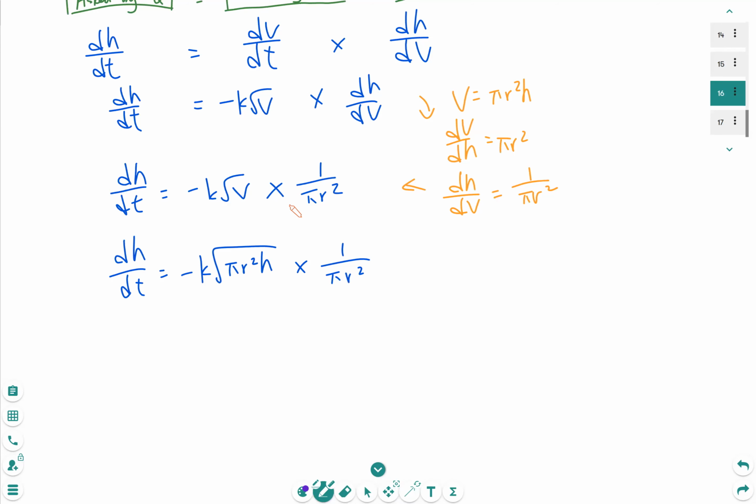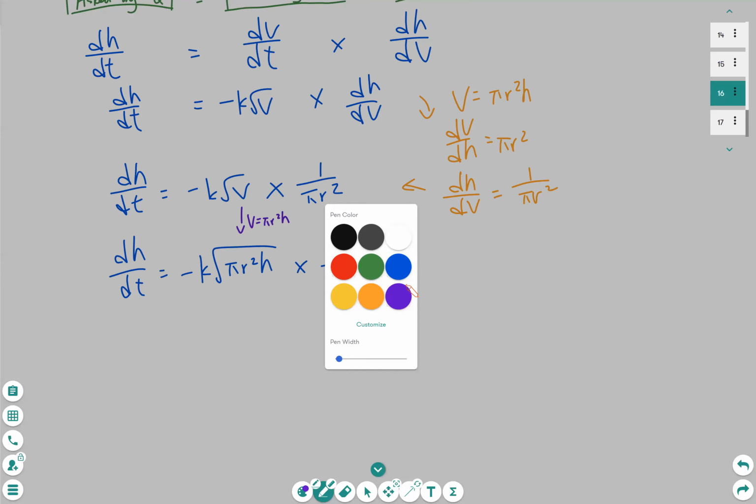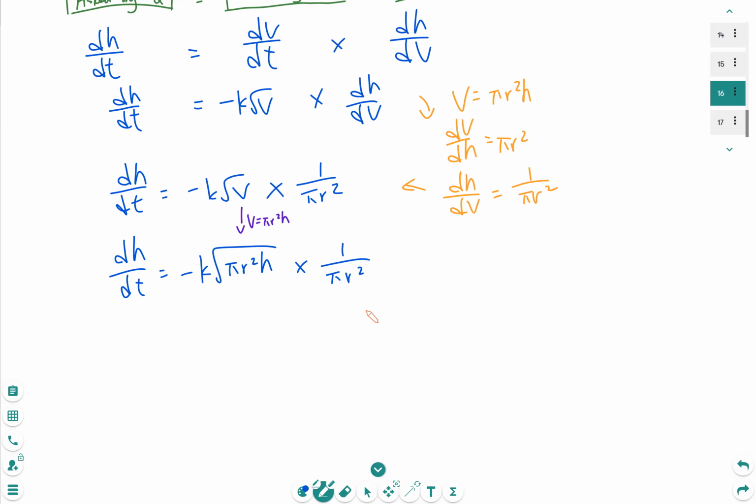What I've done in here is replaced V with pi r squared H. So what's next? The question wants root H, right? So I'm going to keep the square root with the H and separate these two: negative k times root pi r squared times root H over pi r squared.